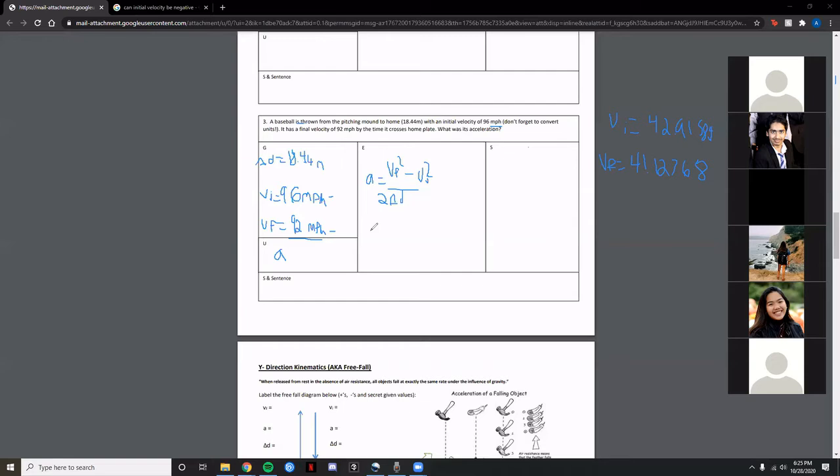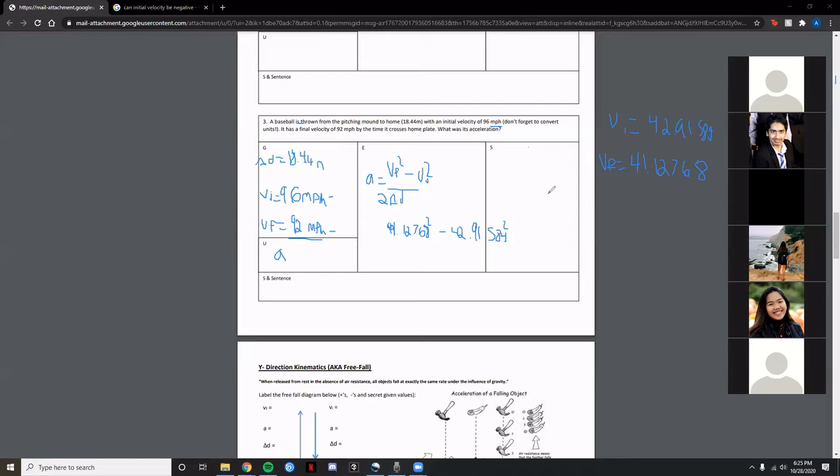So, V of F squared we said was 41.12768. We have to square that and subtract 42.91584 squared. So let's just do that right now.